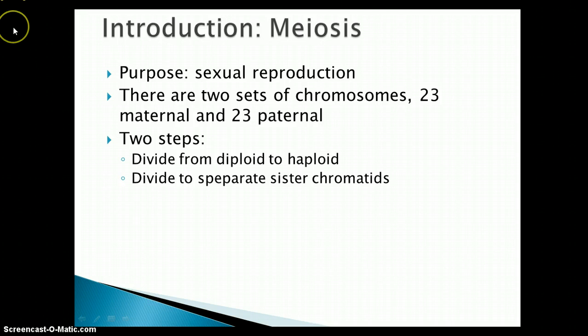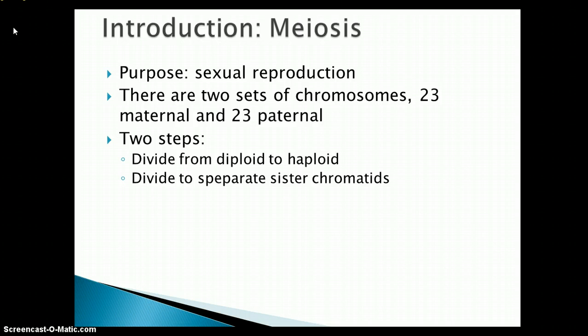And so meiosis, on the other hand, is all about sexual reproduction. That's when there are two gametes, one from the mother, one from the father. That's the egg and the sperm right there. One has 23 chromosomes and the other has 23 to make the diploid number 46, as everyone knows. And so there's two steps to meiosis.